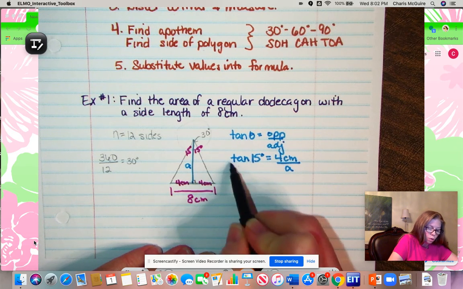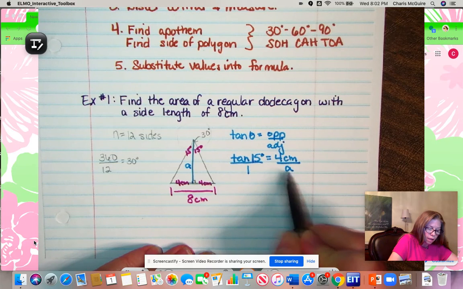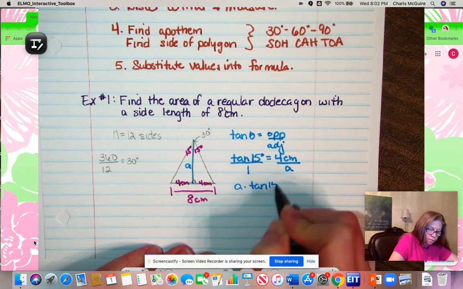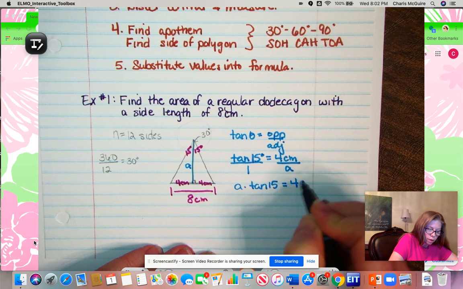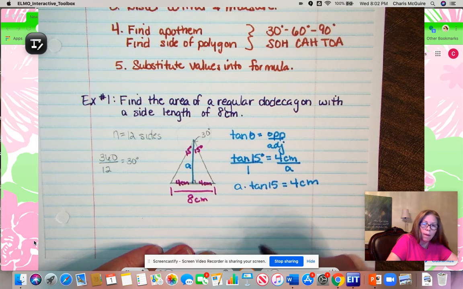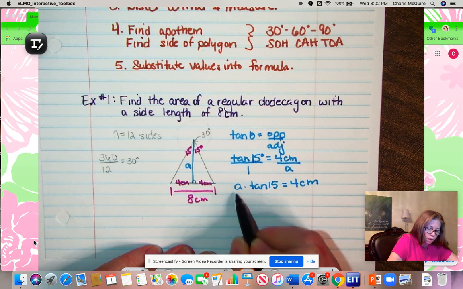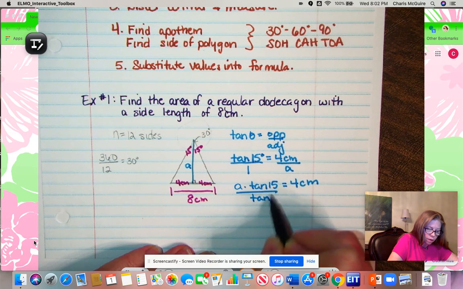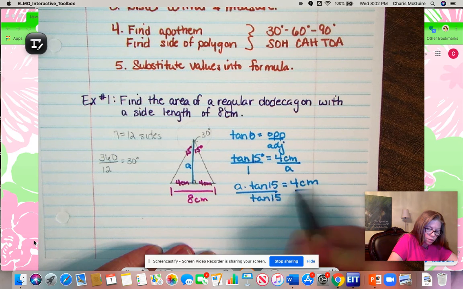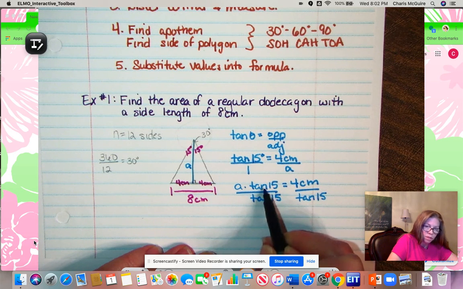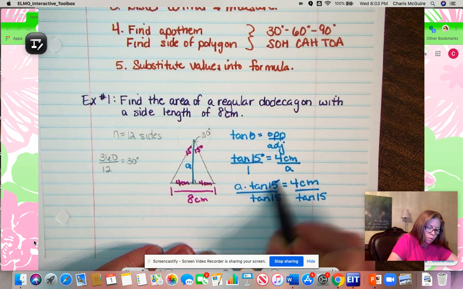All right, so cross products, my friends, right? A times tangent of 15 equals 4 centimeters. And remember, this is multiplication. We're going to do the opposite to undo that process. We're going to divide by the tangent of 15 degrees on both sides. All right, so tangent of 15 over tangent of 15, that is a 1.